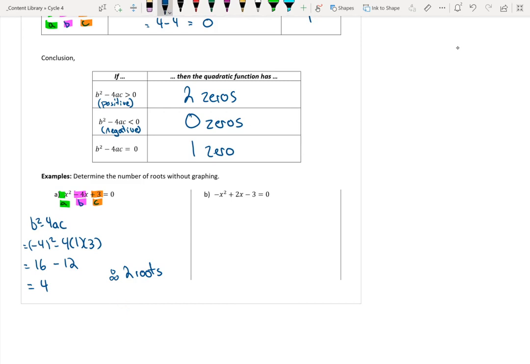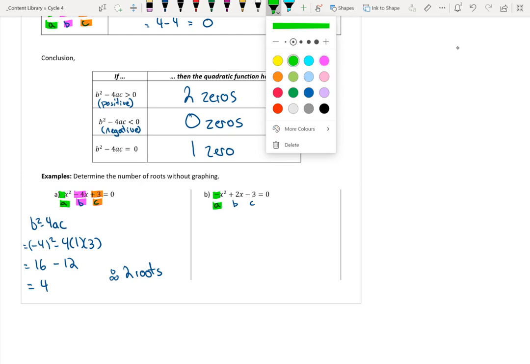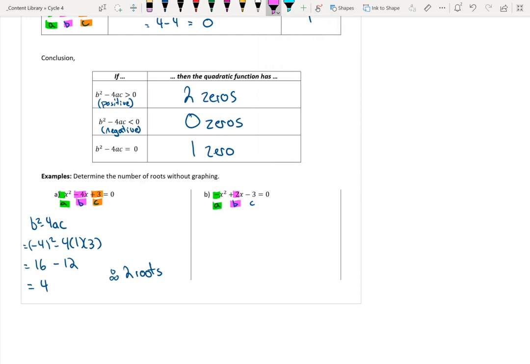And finally, for the second example, again, find your a, b, and c. So again, this is still very similar to the quadratic formula, except you don't have to do the full long formula because we're only concerned about the number of roots, not the actual roots.